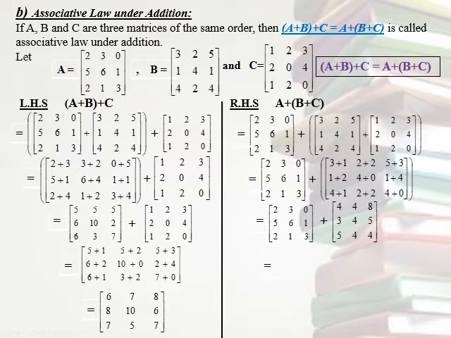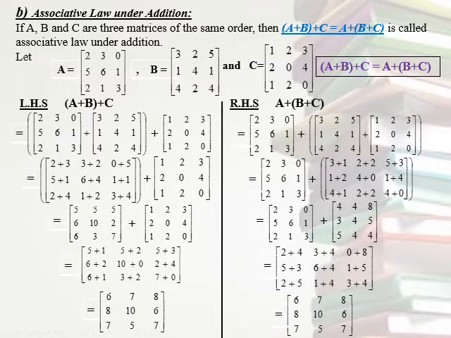Now again in this step I'll add the entries of the first matrix to the corresponding entries of the second matrix, and after addition I have got this matrix.